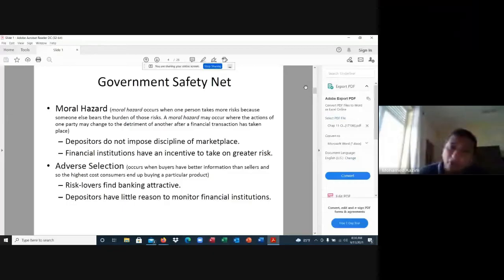Moral hazard happens after a transaction. Adverse selection is before the transaction, and moral hazard is after a transaction, right? So you have the insurance, you become a little risk-free, a little careless about taking risks. This is the same with financial intermediaries.